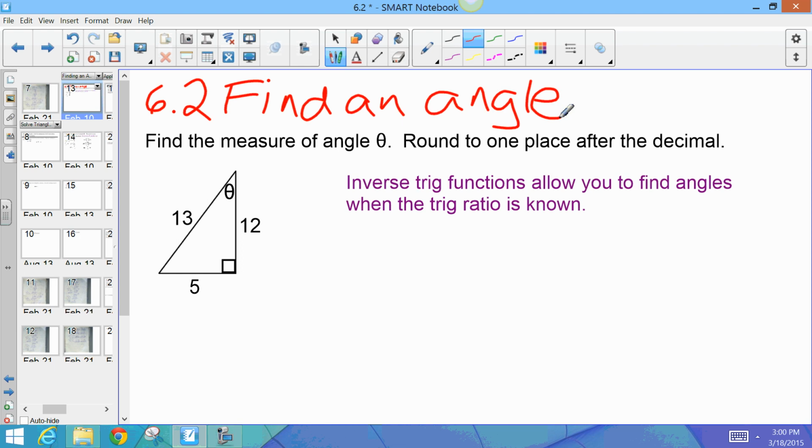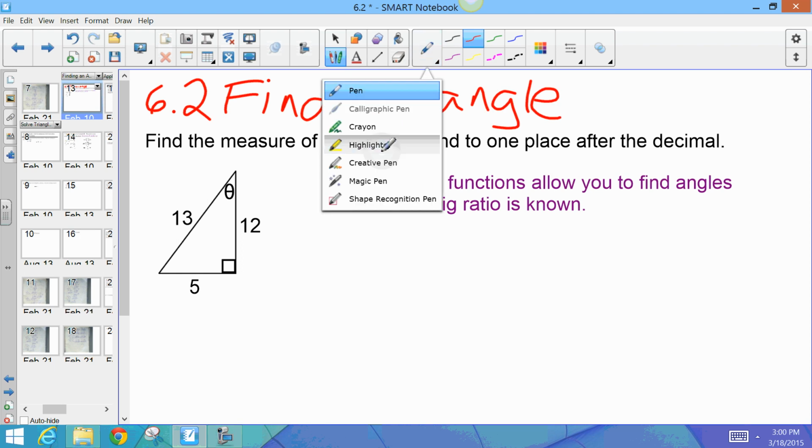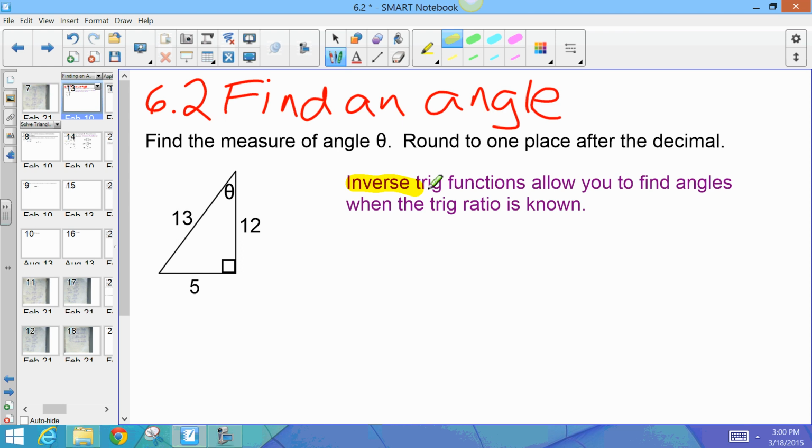So with this lesson, we're learning about inverse trig functions. The inverse trig function lets you find an angle if you know the trig ratio. That's different than the reciprocal functions, and it's easy to get the two mixed up. But an inverse trig function gives you the angle when you know the trig ratio.